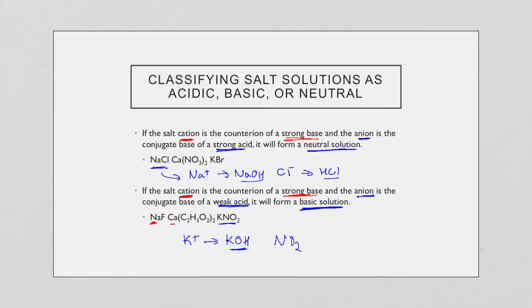NO2 minus, the conjugate of HNO2, right? This is a weak acid, and so that means this is going to be a weak base. And so we have one with no effect, one that's weakly basic, we end up with a basic solution. So if only the negative ion affects the pH, then we're going to get a basic solution.